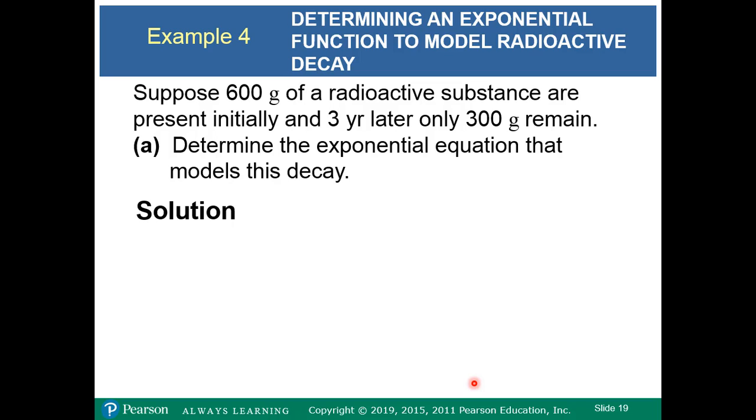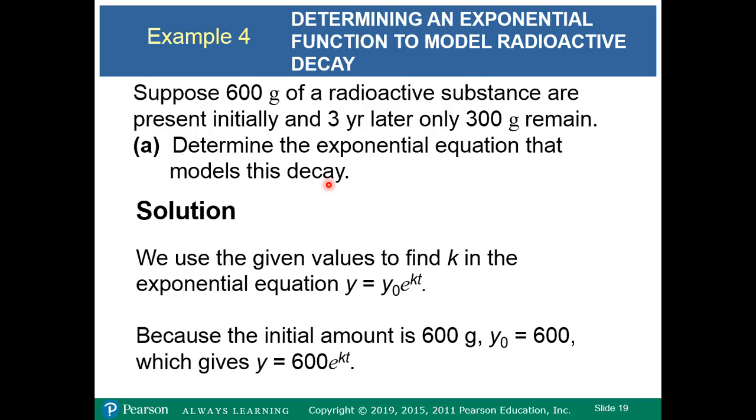Okay, what about this one? Let's say we have 600 grams of a radioactive substance present initially, and 3 years later only 300 grams remain, so half. Determine the exponential equation that models this decay. So this is going to be a decreasing function, so k is going to be negative in this case.